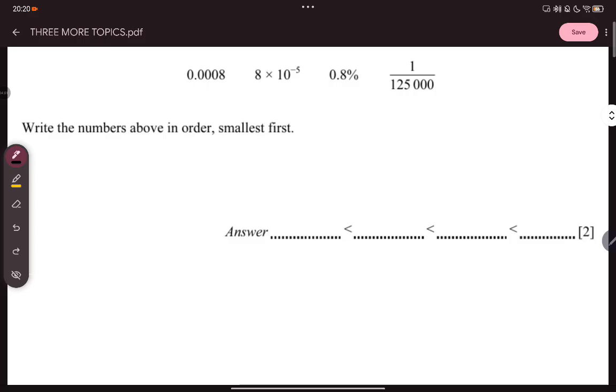Okay, 8 times 10 to the power -5. Well, 8 times 10 to the power -5 is going to be 0. And then 4 zeros and an 8.